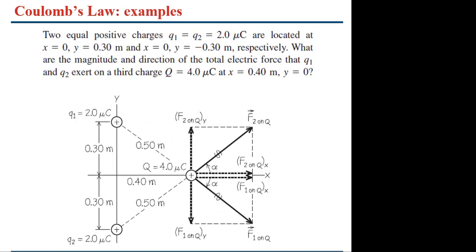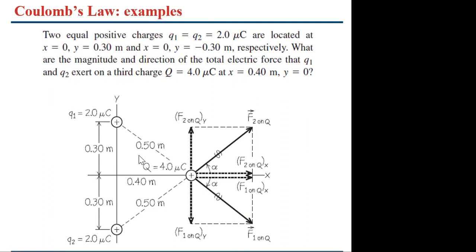So we can see that Q1 and Q2 are equidistant from the origin along y. Both of them don't have any coordinate along x. What are the magnitude and the direction of the total electric force that Q1 and Q2 exert on a third charge, capital Q, equal to 4 microcoulombs at x equals 0.4, y equals 0?